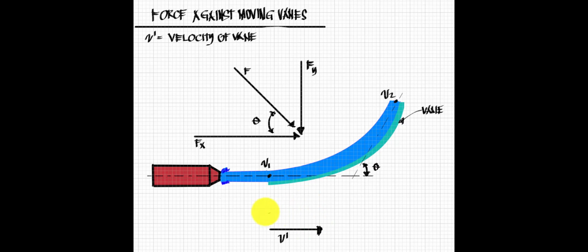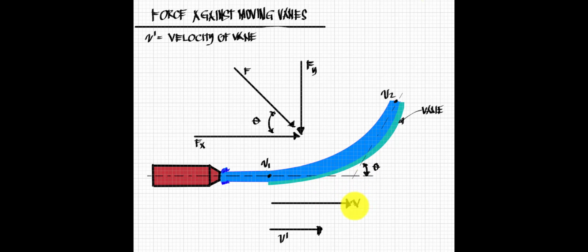So the velocity of the jet traveling in this direction, also the same with the v1 prime. So this will be our v1, so I'm going to make it plus v1.